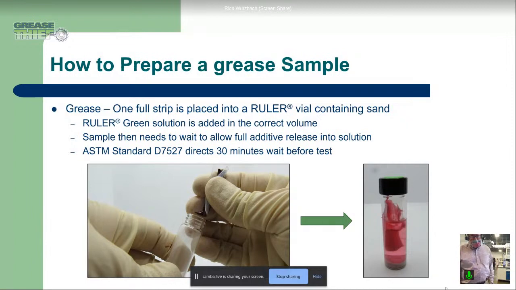Now, another way you could do this, if you don't have a thin film strip, is to get the vial while it's still dry, and you can just kind of wipe grease on the inside of the vial. If you look at the manual method, it does tell you to get that kind of on the inside of the vial as a thin film. I think that's a bit challenging, but the better job you do there, the more easily the antioxidants are going to go into solution.